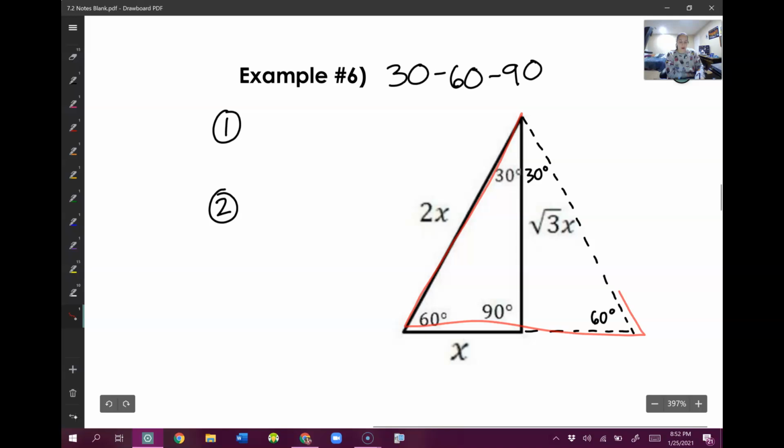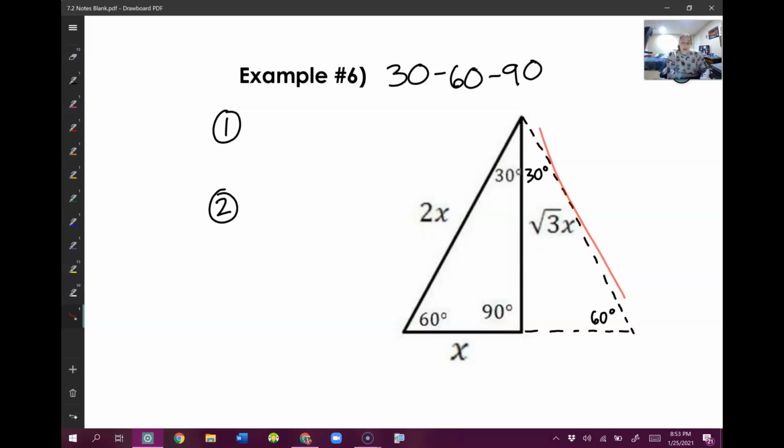This big one right here is 60, 60, 60. That means it's an equilateral triangle, because if all three angles are the same, then all three sides are the same. So this side is the same as this side, which is the same as this side.